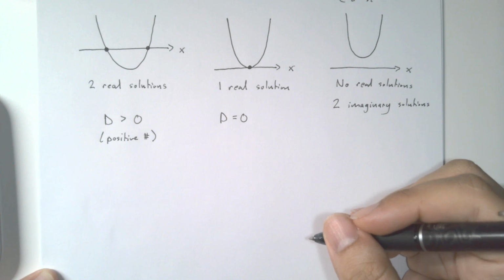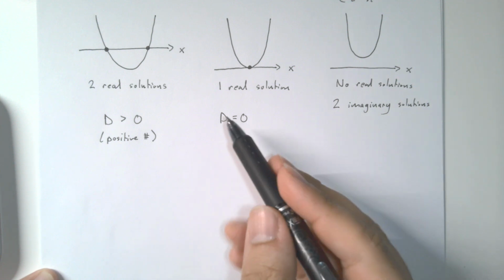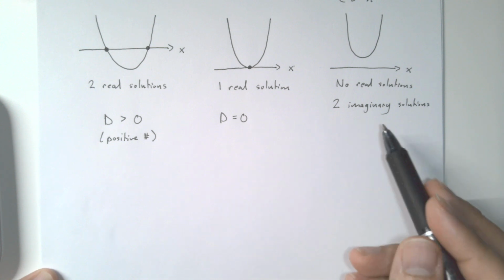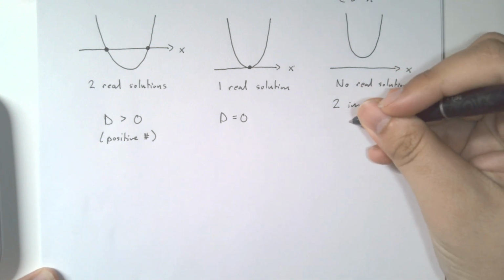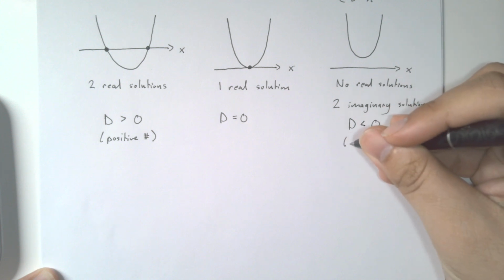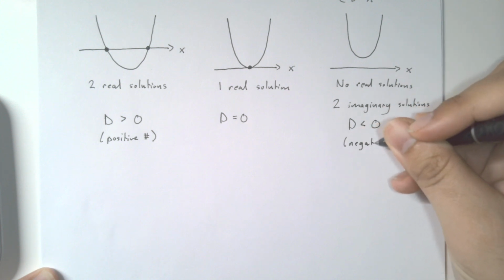When our discriminant is equal to 0, we have one real solution. And for no real solutions, this is when our discriminant is less than 0, aka when it's a negative number.